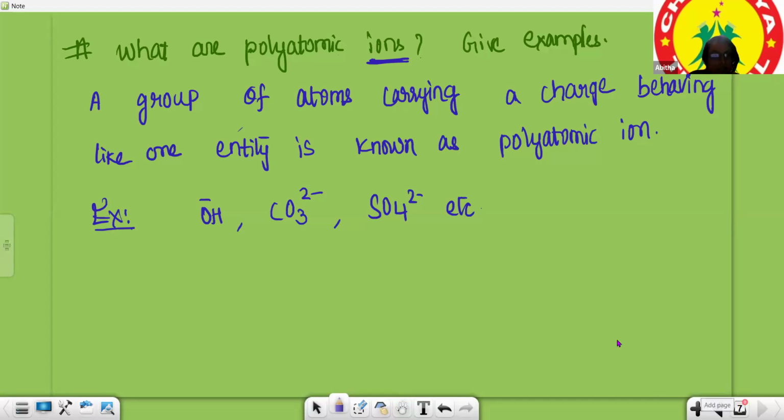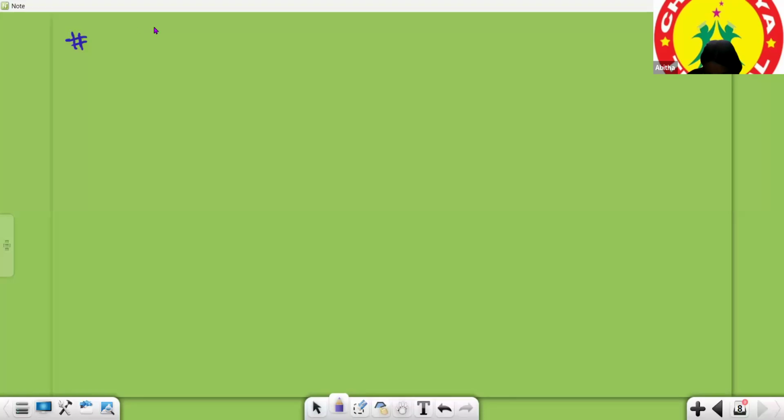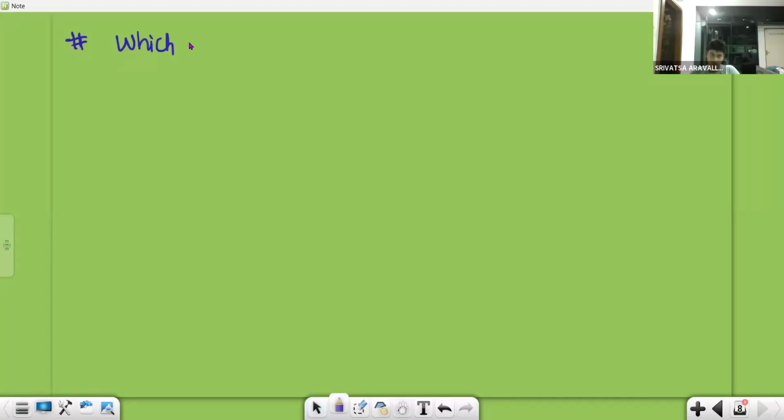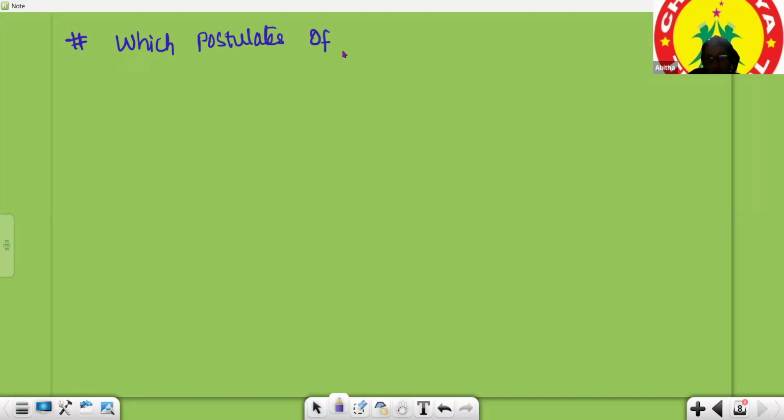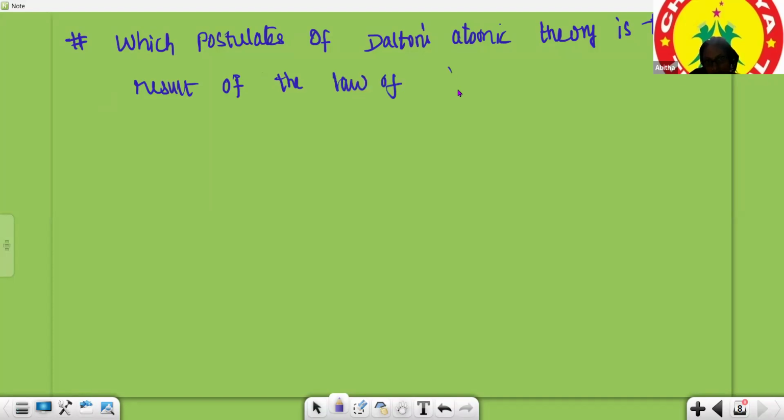Okay. Let's see one more question. Do you remember Dalton's atomic theory? Which postulate of Dalton's atomic theory is the result of the law of conservation of mass?